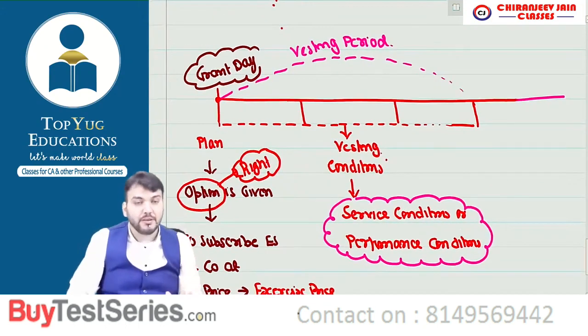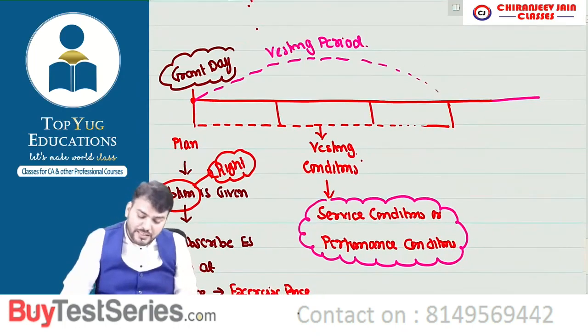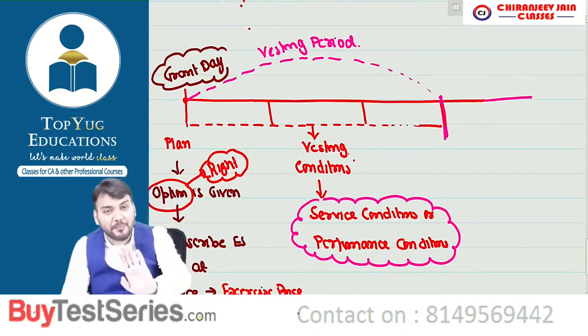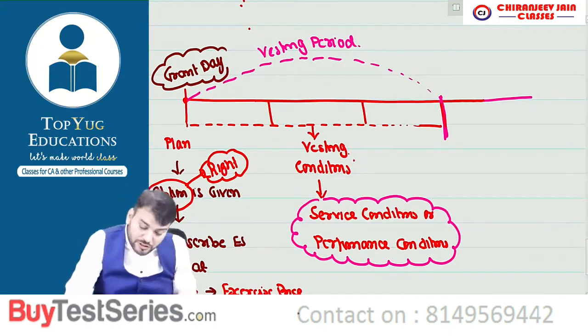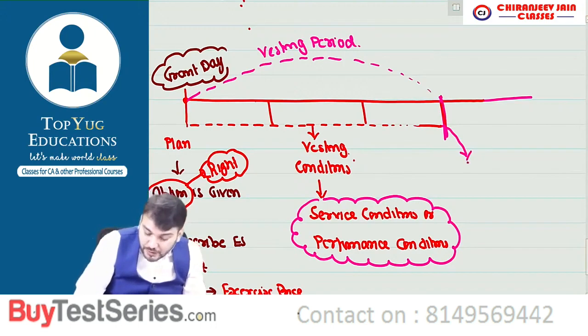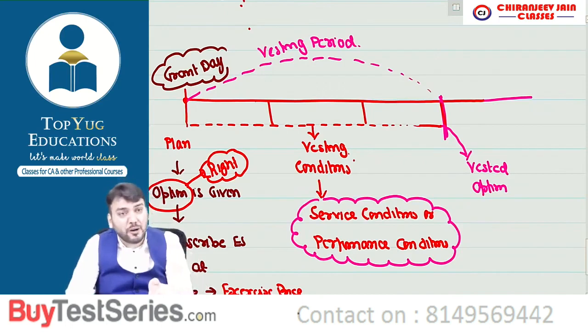Can I say once the condition is satisfied, on this date, once the 3 years are completed and the employee has fulfilled the condition, this day the option will become vested. On this date, the option becomes a vested option. What is the meaning of vested option?